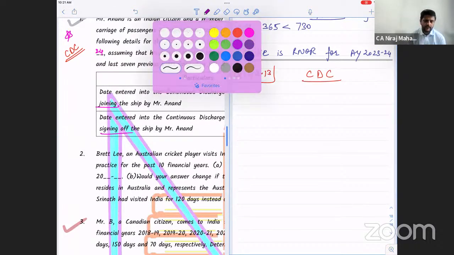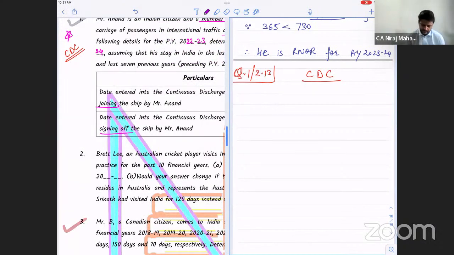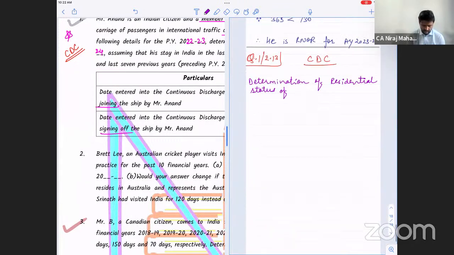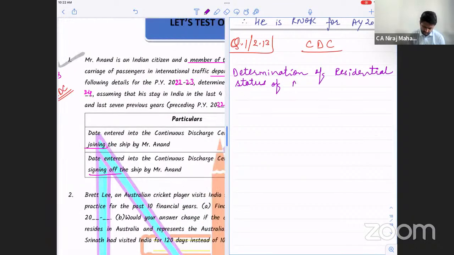So let's go ahead. The question is about determination of residence status of Mr. Anand for AY 2024. Some points I'm giving you as notes.